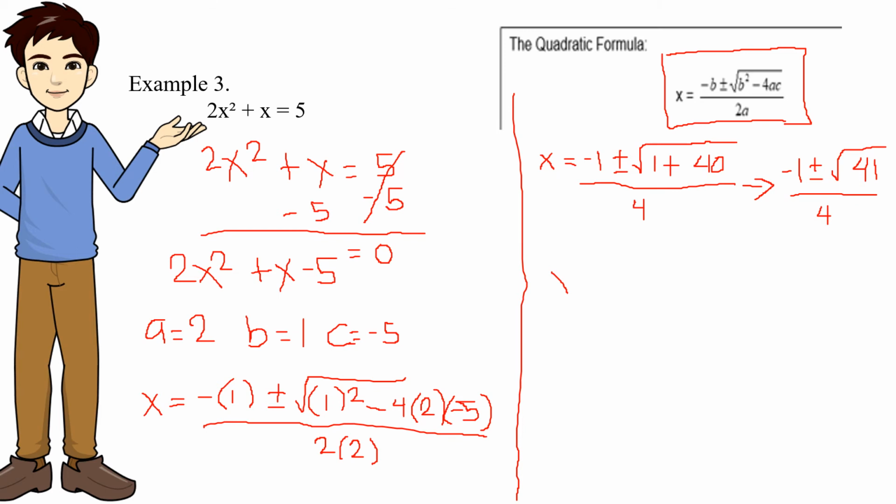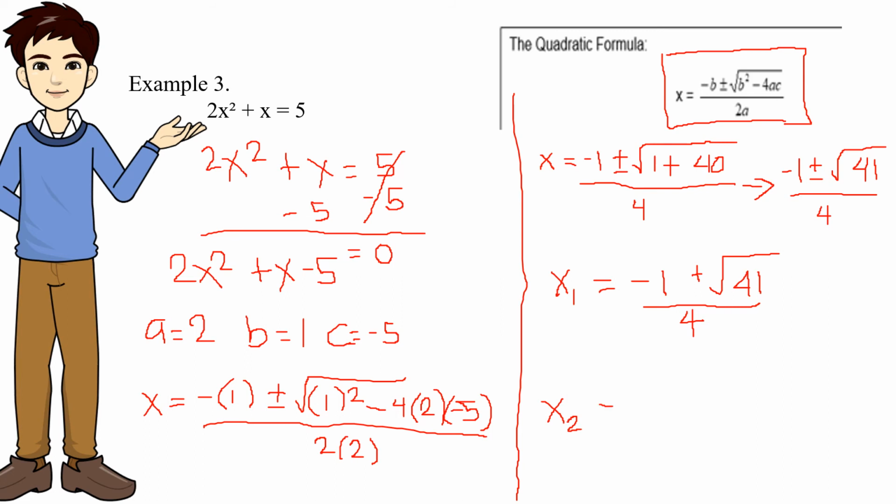So, we will have now our x sub 1 equals negative 1 plus square root of 41 all over 4. Huwag nyo kalimutan yung denominator. Then our x sub 2, minus naman yung gagamitin natin.